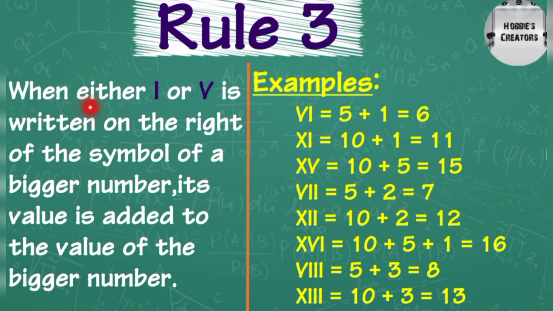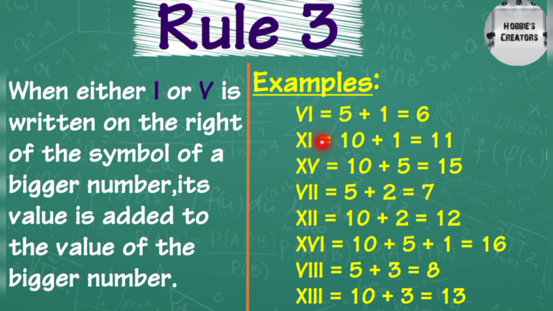If the symbol I or V is written on the right side of the bigger symbol, then the value is added to the bigger number. Okay, so here you can see some examples. See here, on the right side we have only I or V: I, then I V, 2 I's, again 2 I's, then V and I, then 3 I's, and again 3 I's. So all are written on the right side, right?